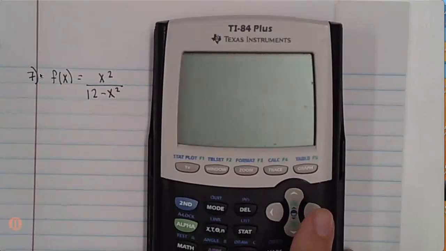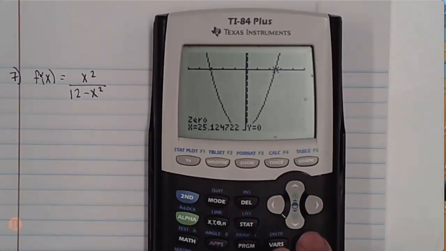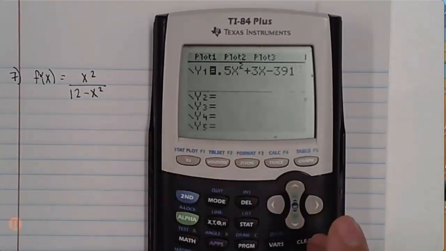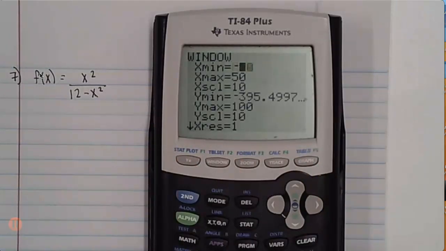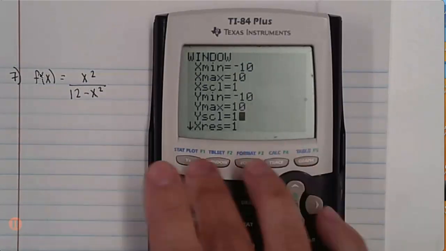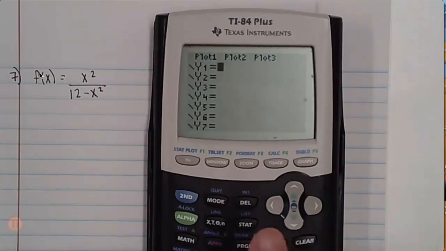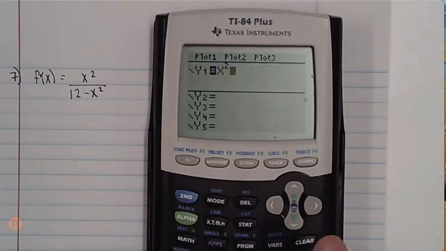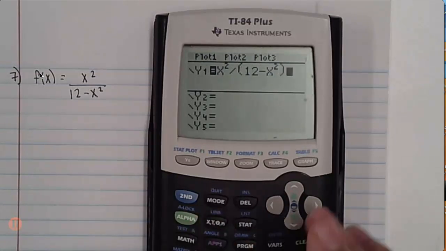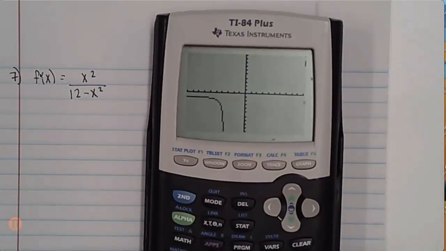So we're going to be using our graphing calculators. Alright, so we have x squared over 12 minus x squared graph.